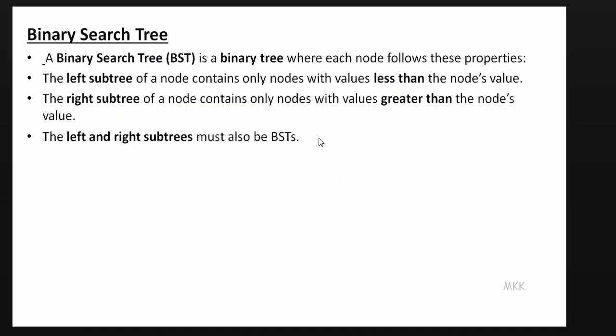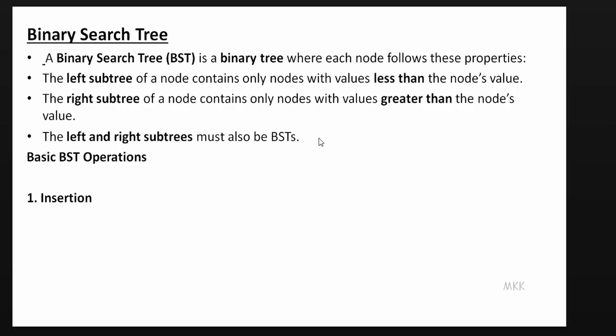Even if you take any subtree, whether on the left or right side, if those nodes are acting as a parent, they must also follow the same rule. That is the BST rule: whenever any node is acting as a parent, the left children must have lesser values than the root, and the right children will have greater values than the root node.